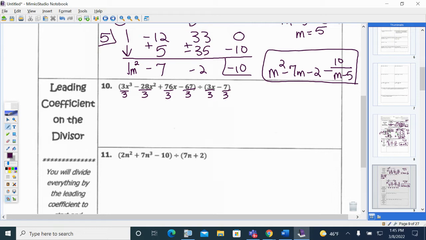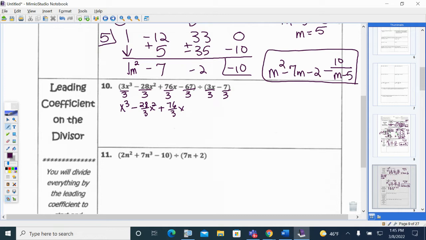So I'm going to have x cubed minus 28 divided by 3 does not go evenly. So I'm going to leave that 28 over 3x squared plus 76 divided by 3. Again, does not go evenly. So I'm just going to leave it 76 over 3x.